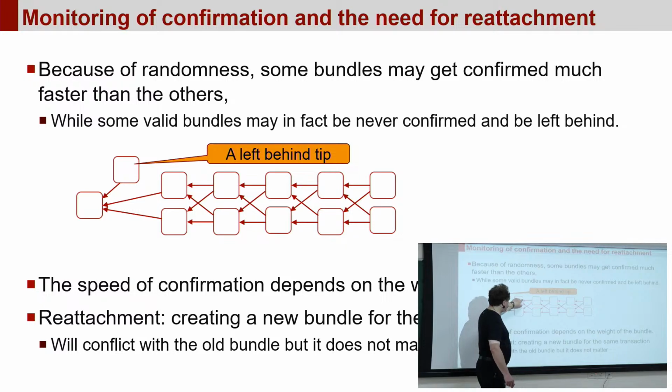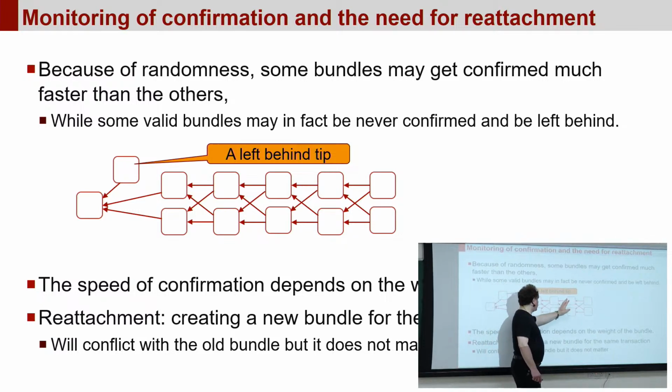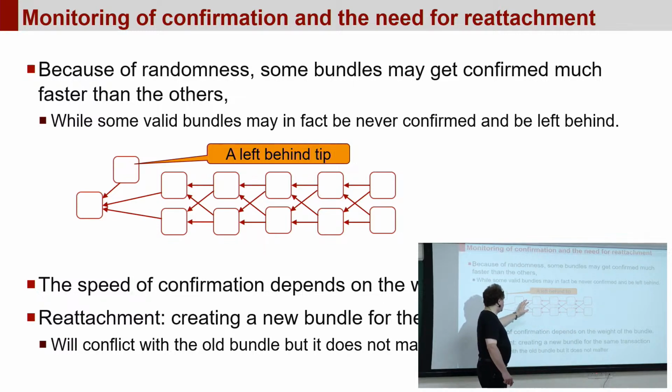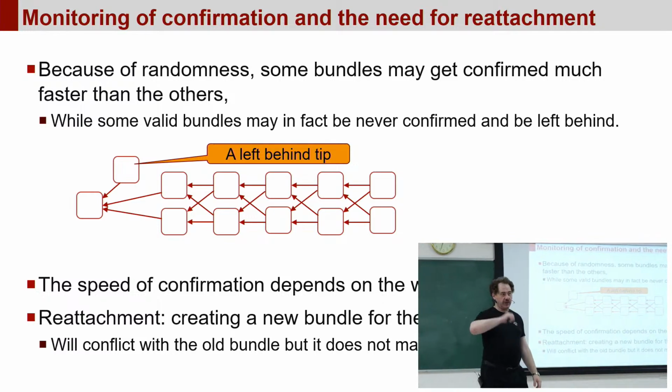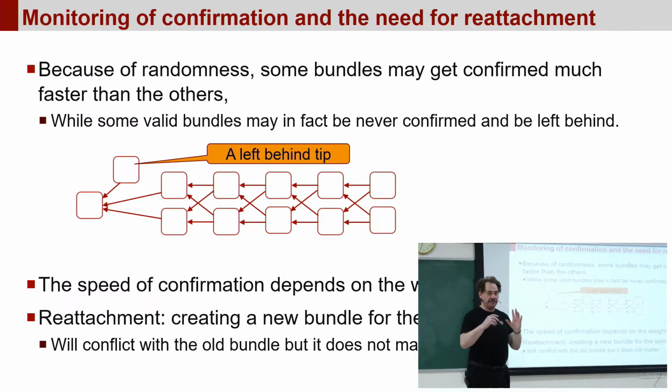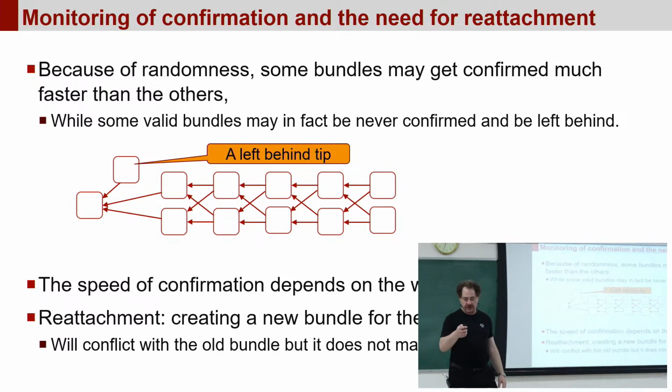Because we take some old transaction, and then we need to wait until there is sufficient later weight. So we calculate the cumulative weight of later transactions which approve the given transaction. And if the later weight exceeds some threshold, then we declare a victory. We declare that the transaction is final.